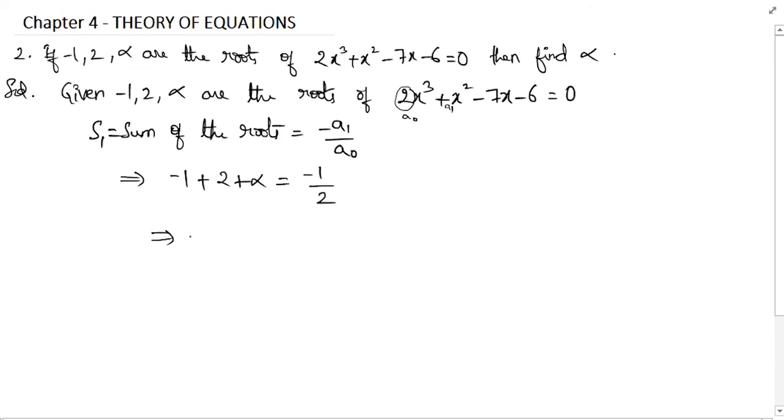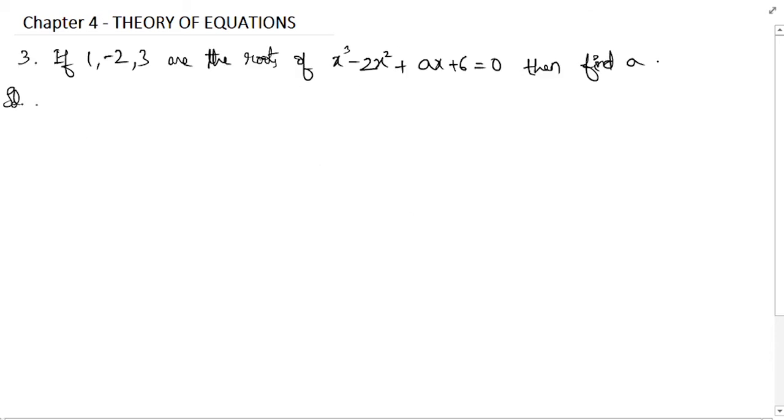Which implies that 1 plus alpha is equal to minus 1 by 2. That means alpha is equal to minus 1 by 2 minus 1, which is equal to minus 3 by 2. So the value of alpha is minus 3 by 2.